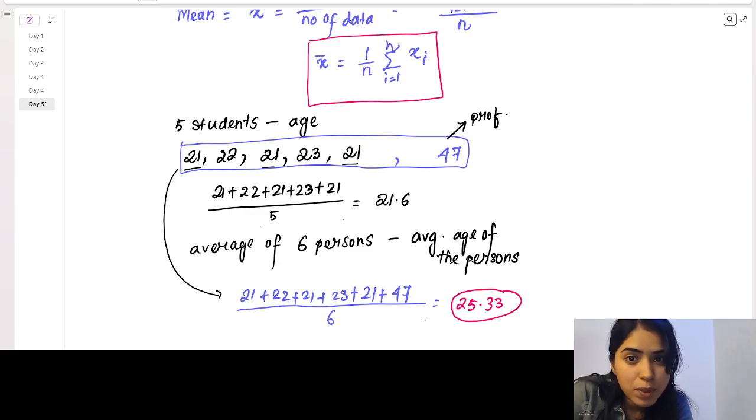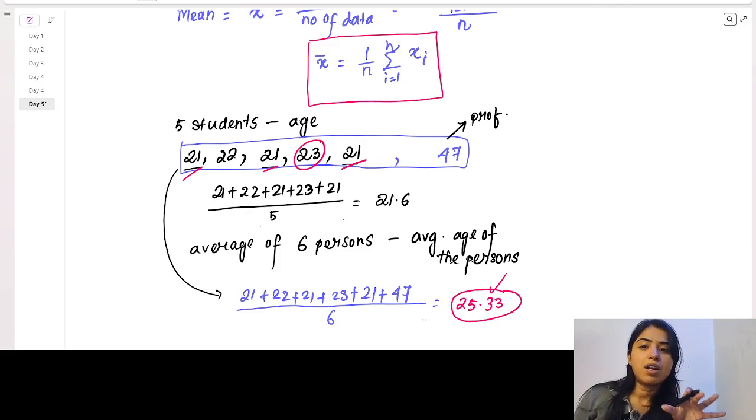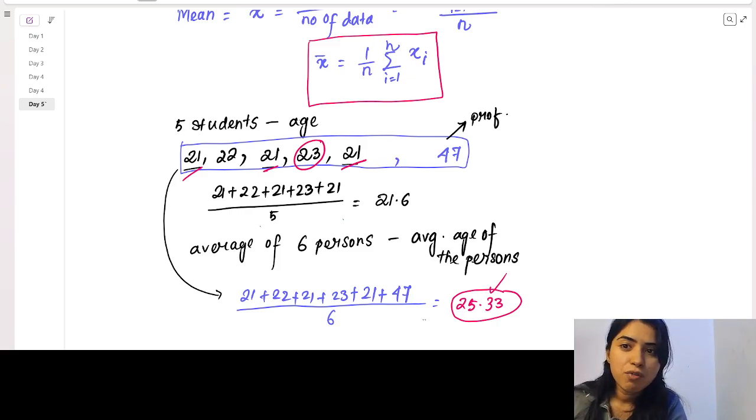Now this 25.33, is it a good representative of the entire community? Is there anyone who is close to 25? 23 is there, but most of them are 21. So the average should be 21, but it is showing 25 because of the value 47.